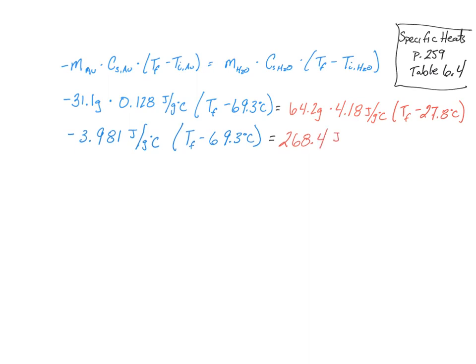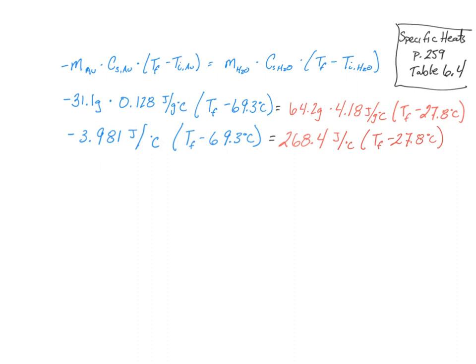Whoops, I made a mistake on my units over here. I've got to get rid of that because the grams canceled out as I worked the problem. Joules per degree C times TF minus 27.8 degrees C.